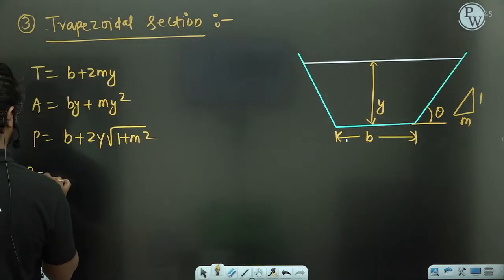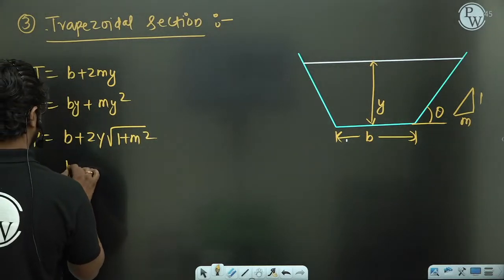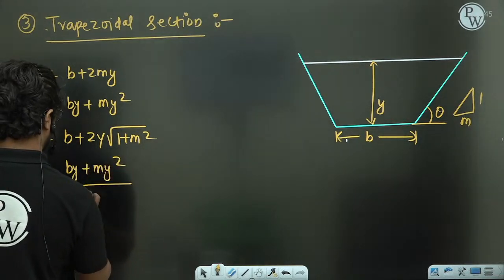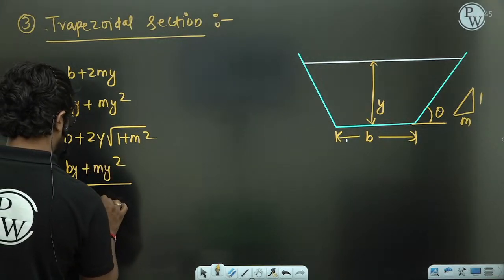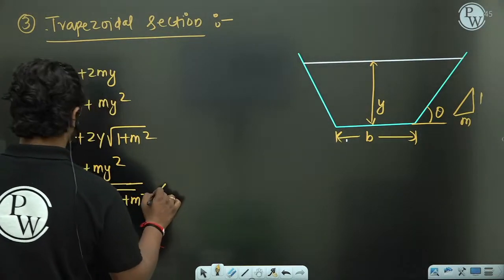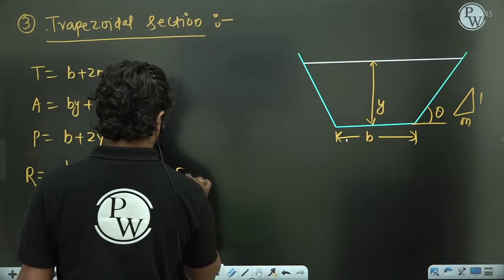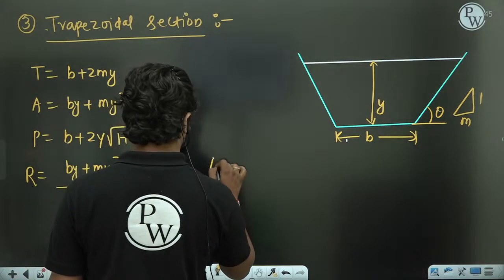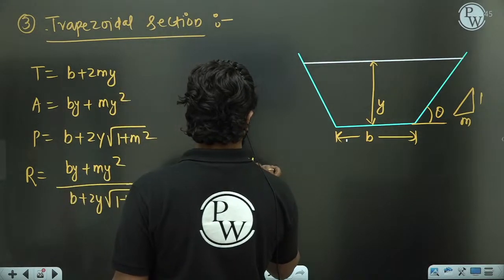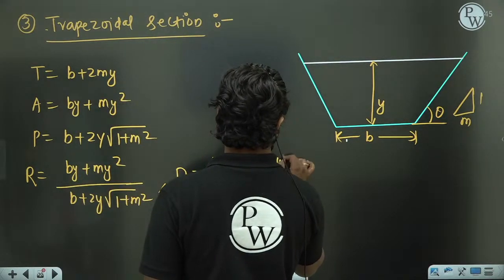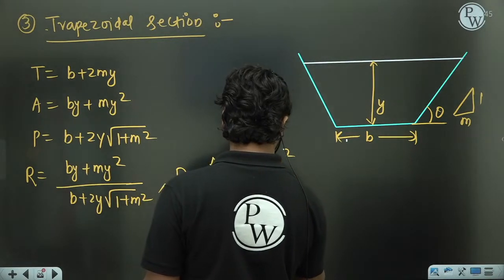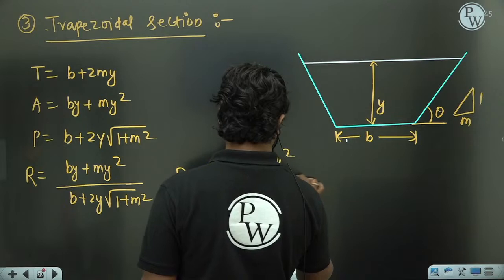So the R value will be area by perimeter: (b plus my) y divided by b plus 2y root under 1 plus m square. This is the formula for R. And for D we have area by top width, so (b plus my) y divided by the top width, b plus 2my.